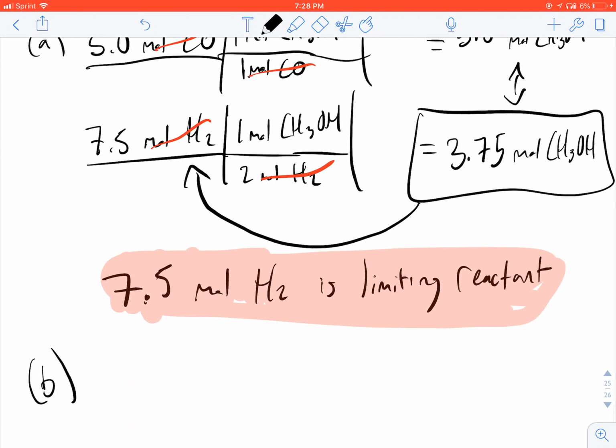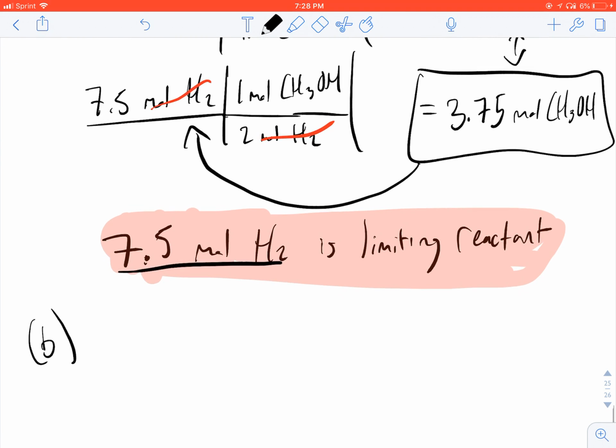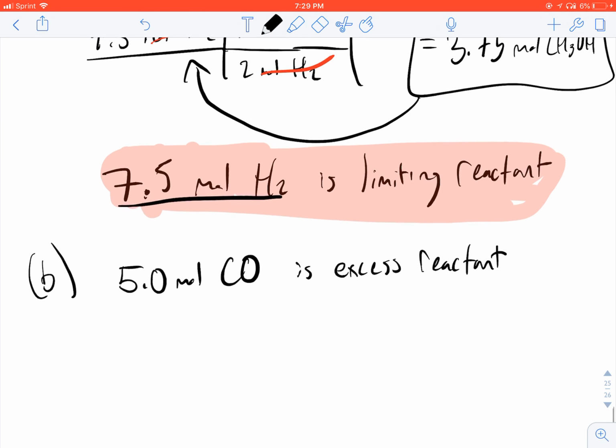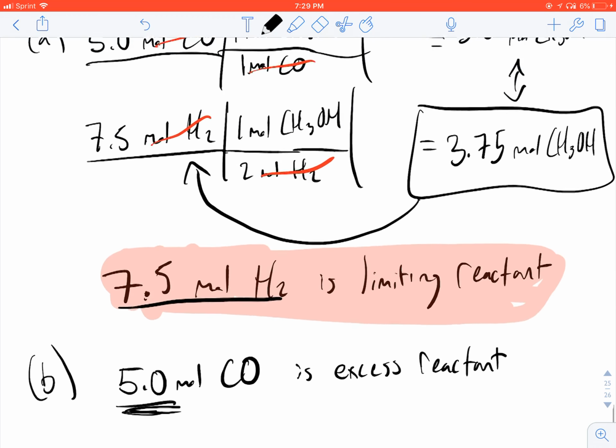Well, since we determined that 7.5 moles of H2 is our limiting reactant, we know that 5.0 moles of CO is our excess reactant. Now we know we're starting with this much. We have to use some amount of it in order to make this reaction take place. And then since we're not using all of our 5.0 moles of carbon monoxide, there's going to be some left over.